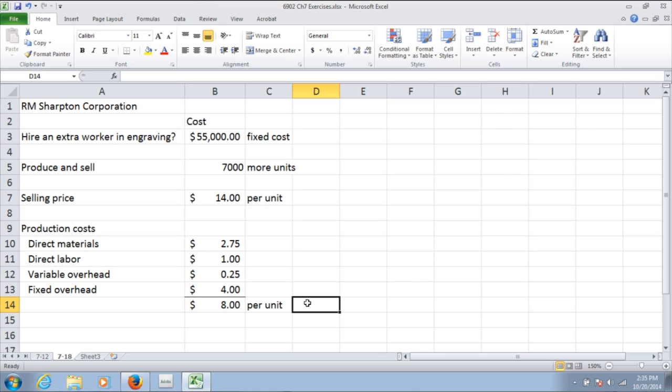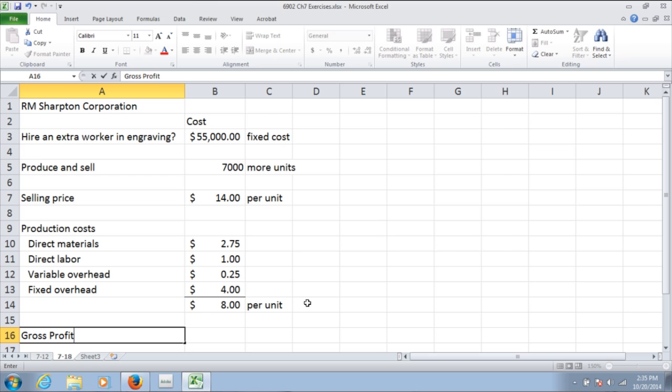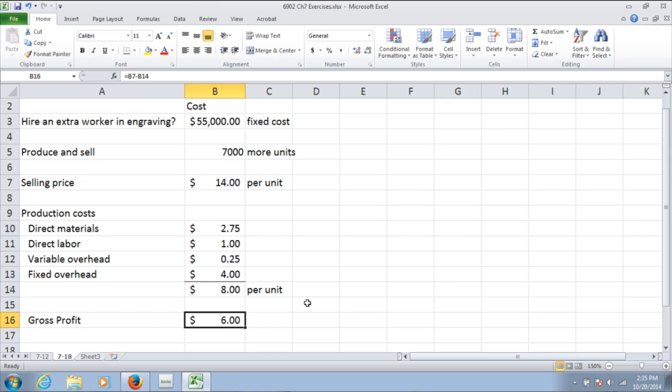So 14 minus 8, our price per unit minus our cost of goods sold, would give us $6. But that's our gross margin. That's under full costing. So this difference here, gross profit, is $14 minus 8, which is $6 per unit of gross profit.